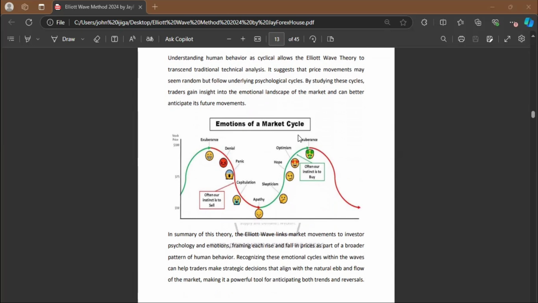On this diagram here, we see the emotions of a market cycle. So basically, we are talking about what we saw earlier in the form of the wave pattern that I was explaining above, but this is in a more formal breakdown of how this happens slowly. You see at that high is where they're excited and interested in buying, so they buy and hold at this point.